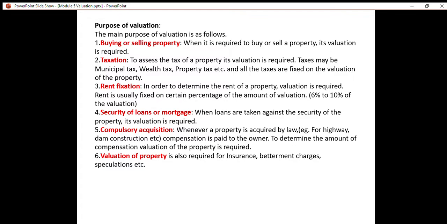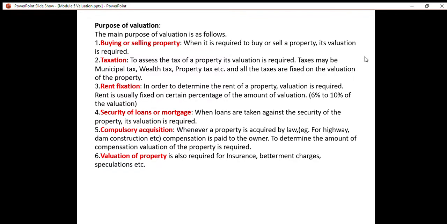Number 4, security for loans. Your parents might have this experience. If anyone wishes to take a bank loan, mortgaging his building or property, then the valuation is required. The bank can sanction the loan amount against the security of your property, that is called mortgaging.